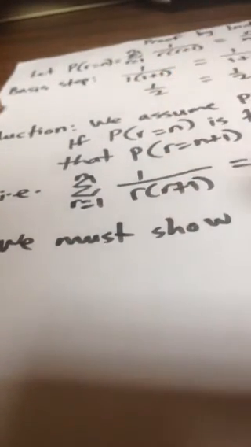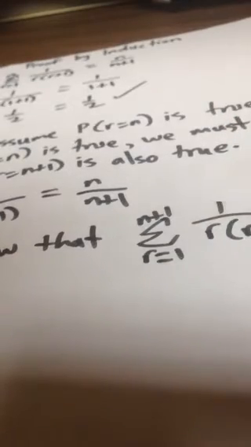So our task reduces to showing we must show that the statement P of r equals n plus 1 is true. So I'm going to write that down. So r is going from 1 to n plus 1 of 1 over r into r plus 1.